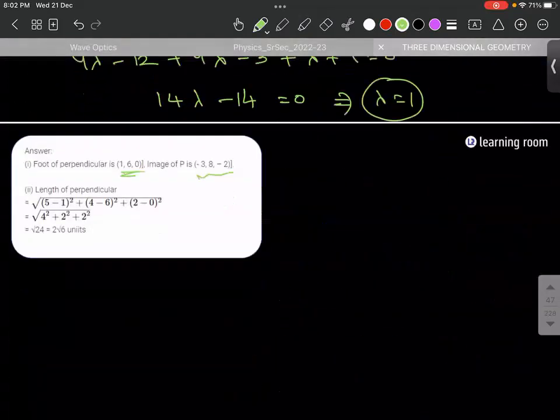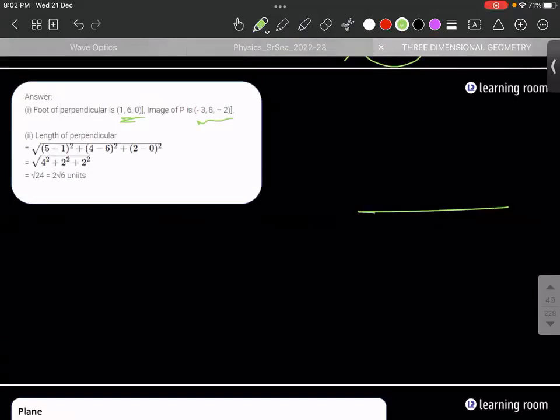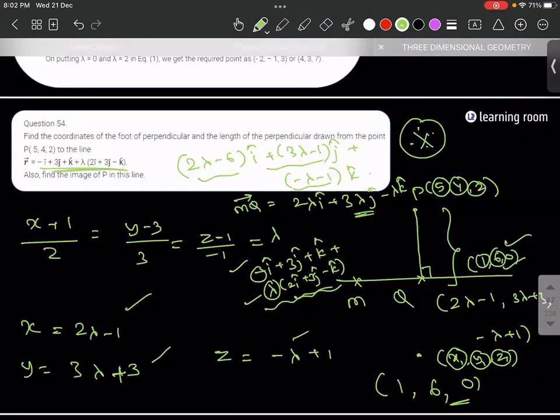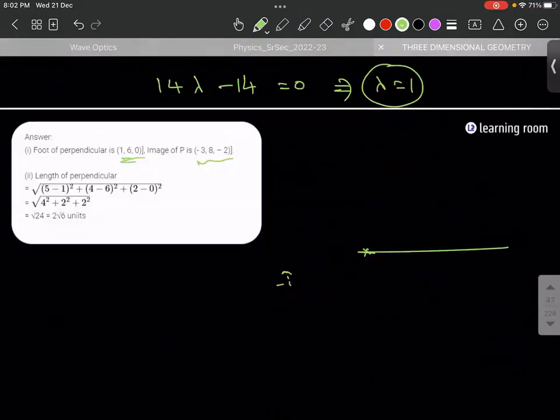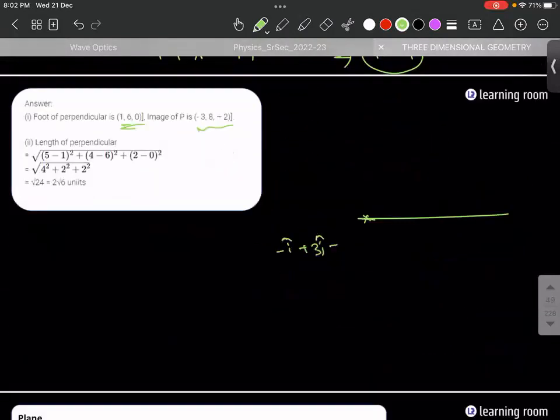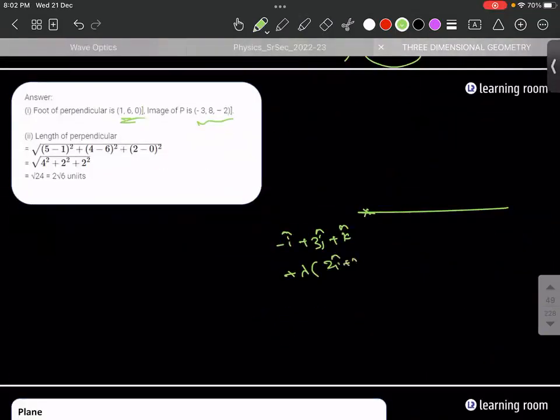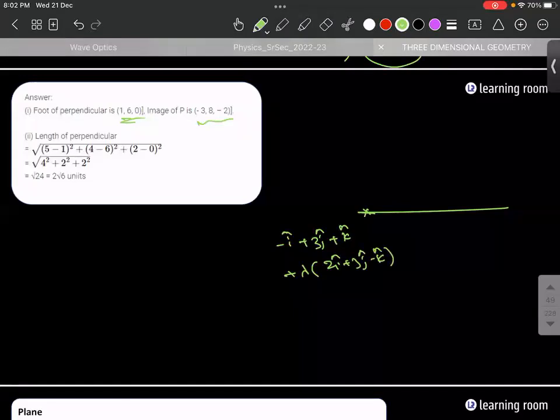Okay, one minute, let me do it fresh. See, the given equation is, can you read it out? Minus I cap plus 3J cap plus K cap plus lambda into (2I cap plus 3J cap minus K cap). Am I right?